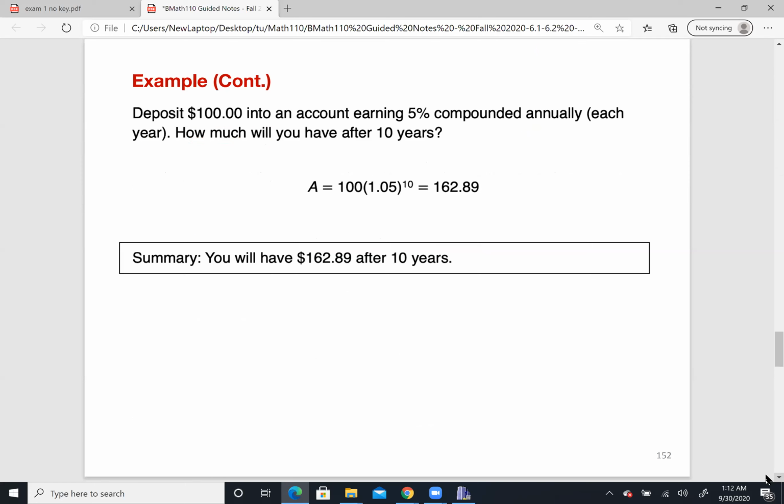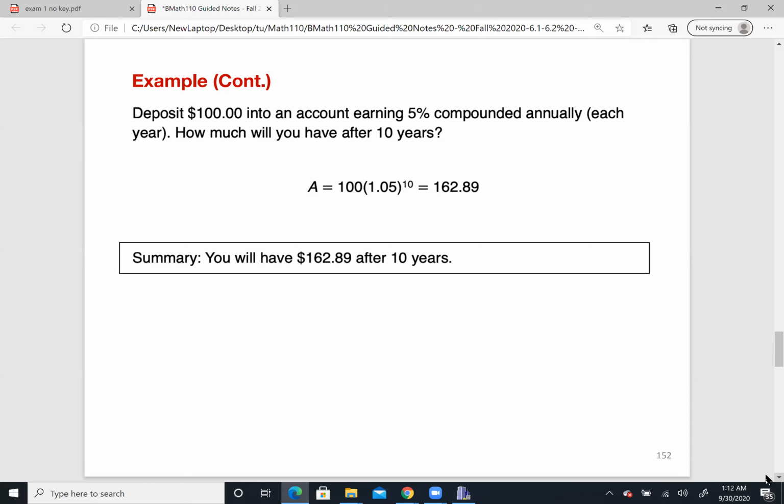Now the question is, deposit $100 into an account earning 5% compounded annually, each year. How much will you have after 10 years? So you have A equals 100 times 1.05 to the power 10, equal to 162.89.